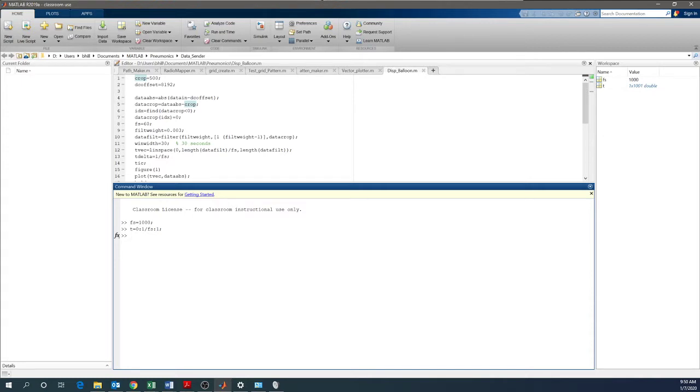Vs, I'm just going to call it, is equal to a cosine wave of 2 times pi times t times, let's do 10. That's a pretty slow rate, okay?